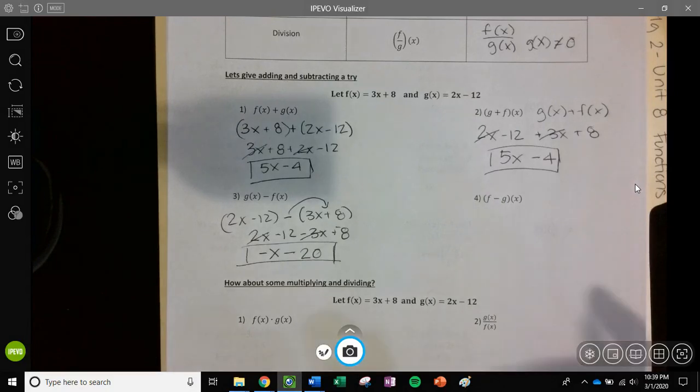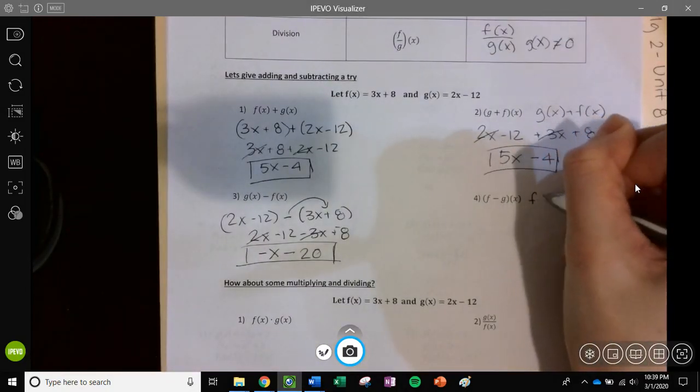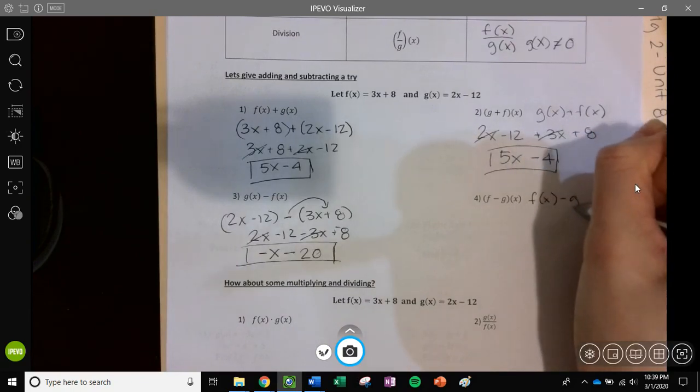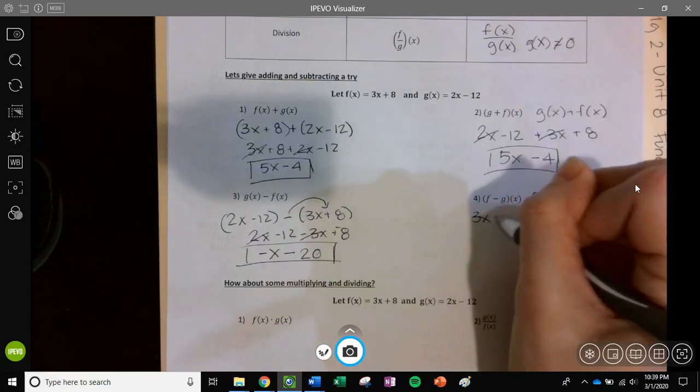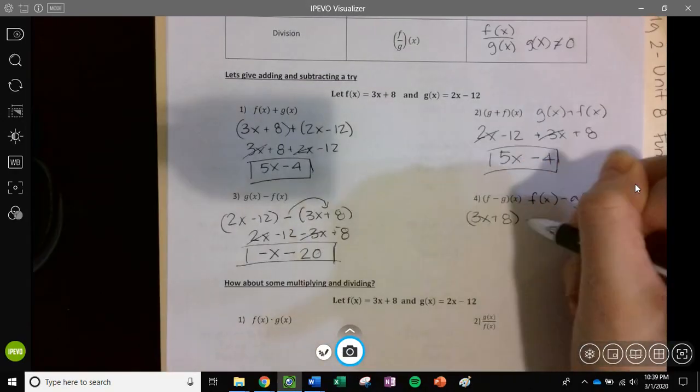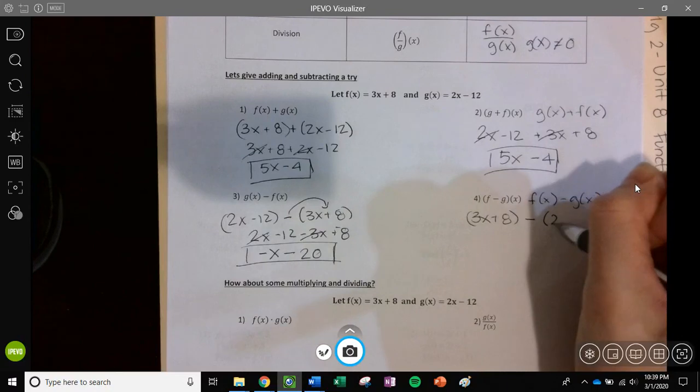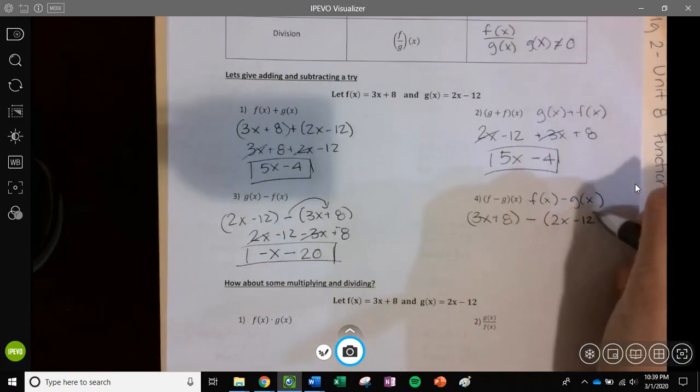(f - g)(x) is the same thing as f(x) minus g(x). So that means 3x + 8 minus (2x - 12).